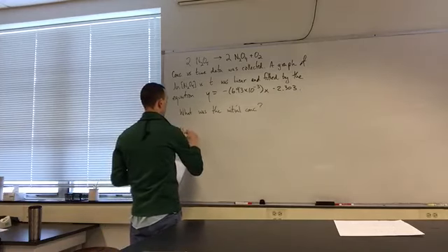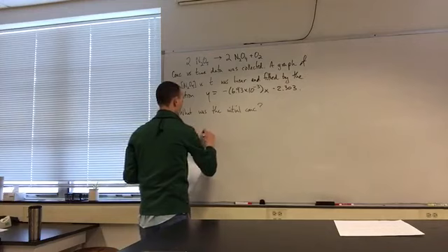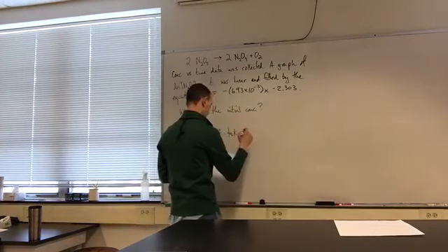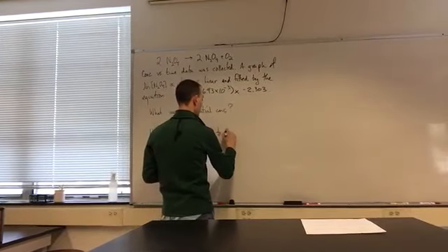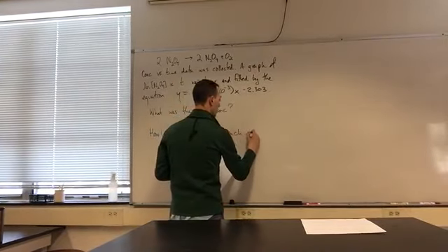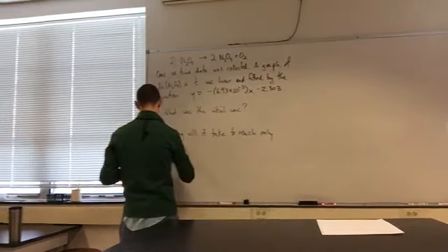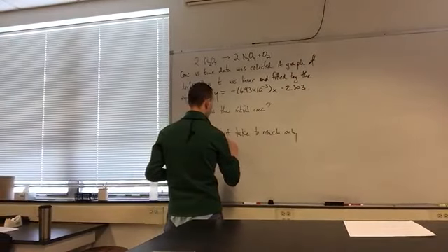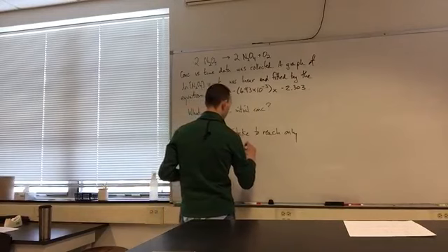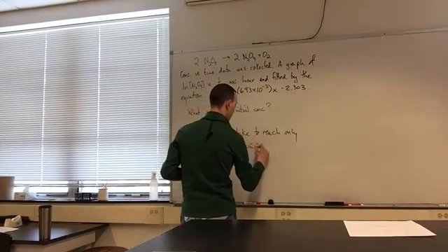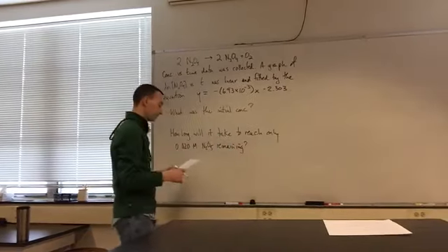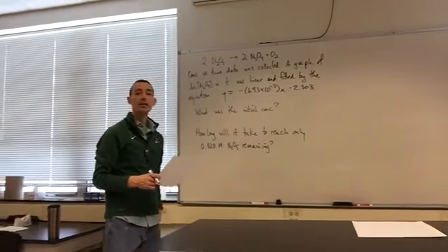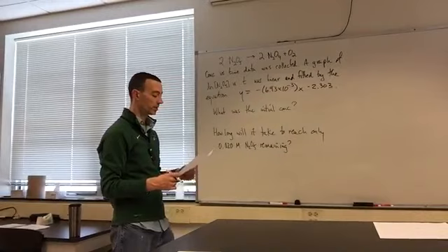Second question, how long will it take to reach only 0.020 molar N2O5 remaining? Okay. Let's do those 2 first, and then I'll throw in a couple other questions as well.